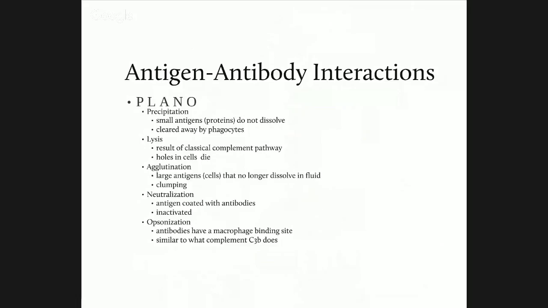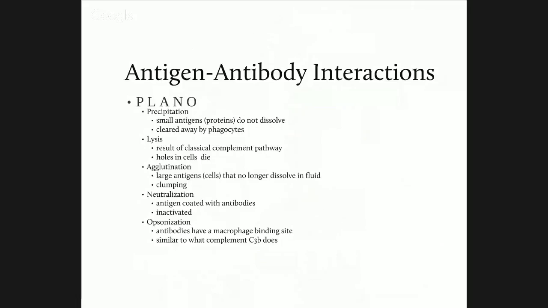So P stands for precipitation, which is what happens with small antigens, which would be molecules. And antibodies can bind to them. One antibody can bind to two of them, and then one of them can be bound to multiple antibodies, and it can form a big cluster of antigens and antibodies all together.